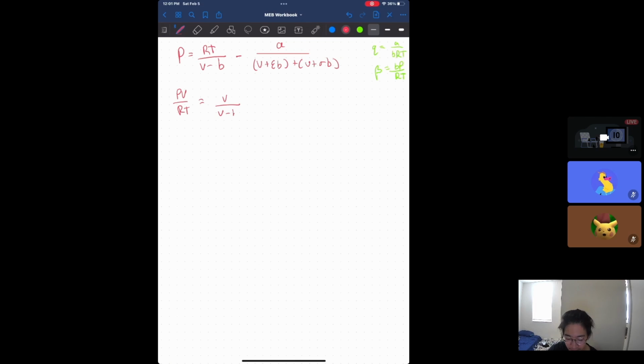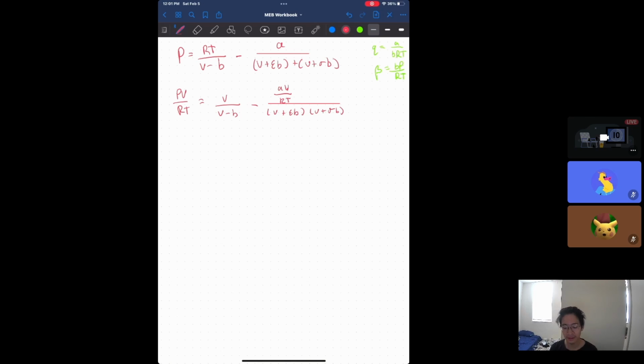V minus V over B minus, and we'll keep the terms in the numerator for now, A times V over RT, all over V plus epsilon B, V plus sigma B.